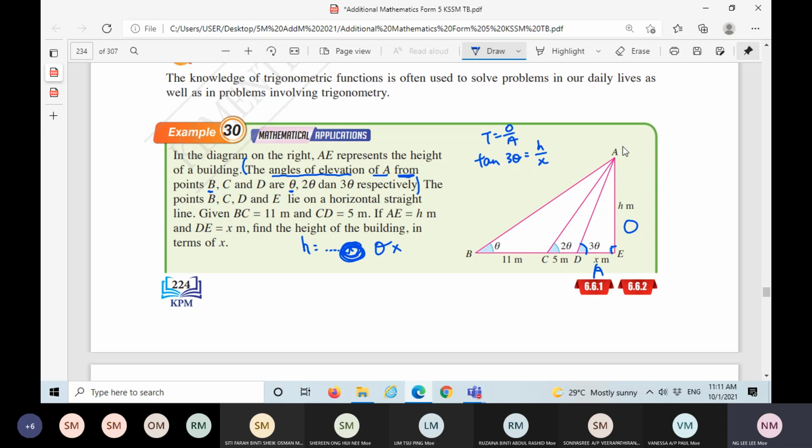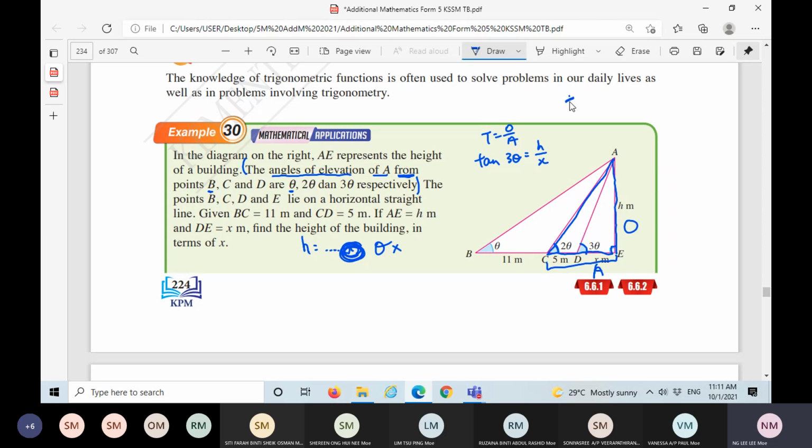How? I can see another right angle triangle, this one, that refers to this angle 2 theta. Same thing, this one will be the opposite, but now the adjacent will become this whole thing.